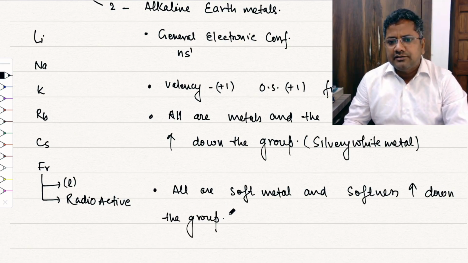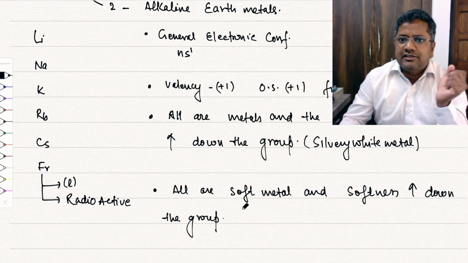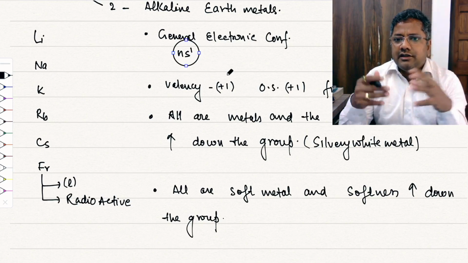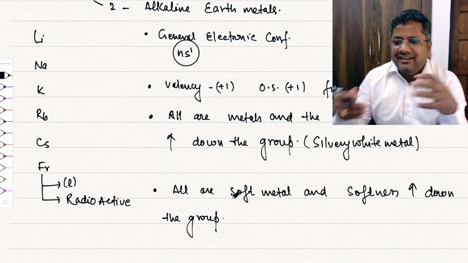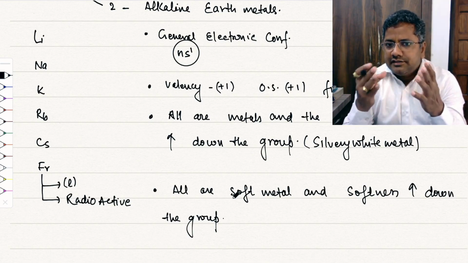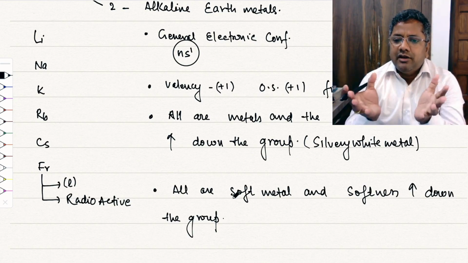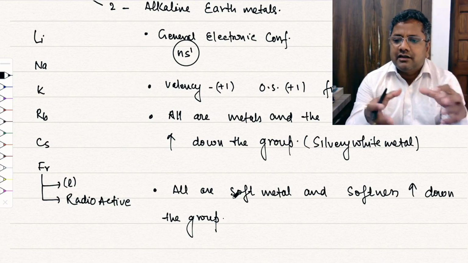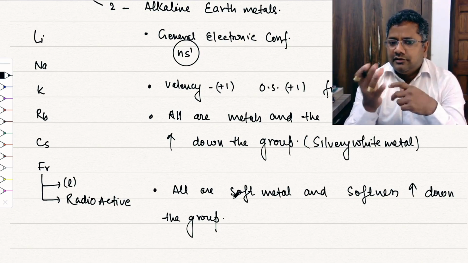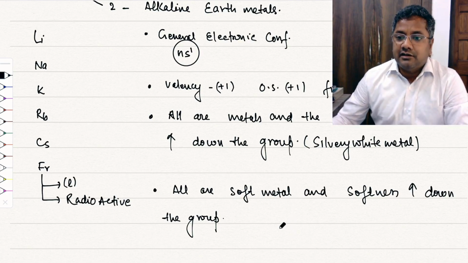So because interatomic interaction is very low due to the presence of only one electron in the valence shell, so interatomic or intermetallic interaction is very low, right? This electron is basically present in the form of free electron in the metallic bonding, and other core electrons are not involved in the interatomic bonding. So this is the reason why these metals are soft.